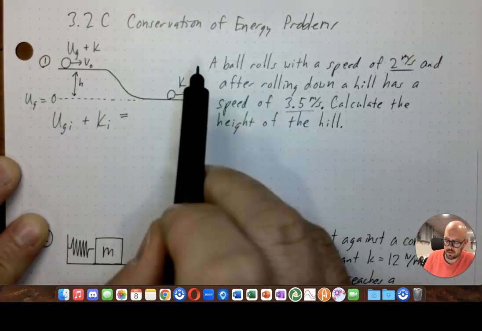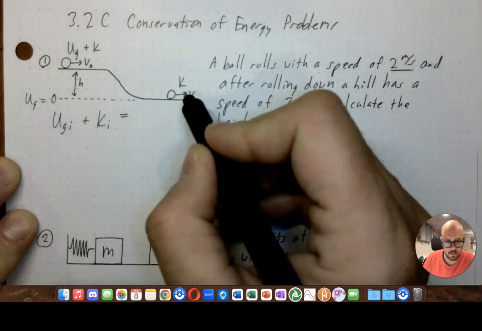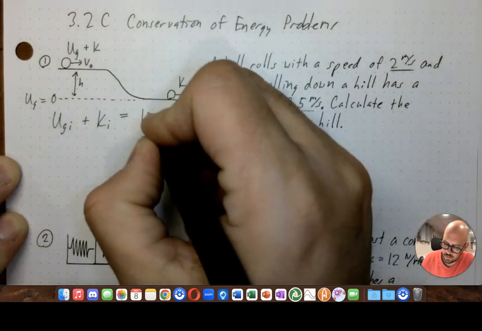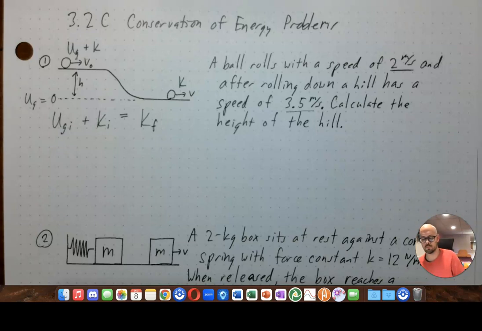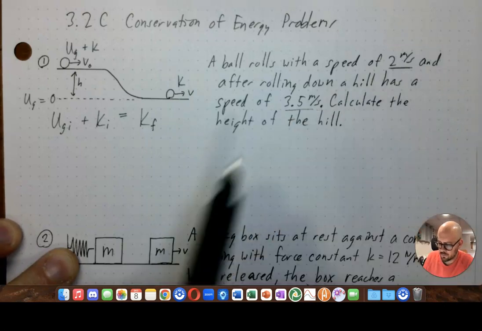Because I'm assuming that energy is constant, that is equal to the final situation's energy, which is only kinetic energy. So for this first line, you're going to write your own equation every single time. There'll be lots of repeats, but there will also be lots of variation because we're learning four types of energy in this course.